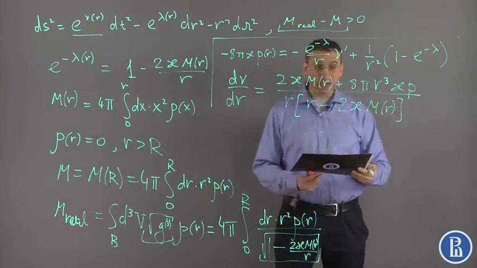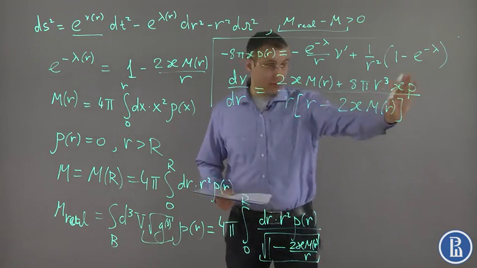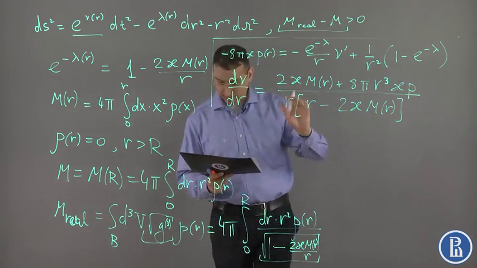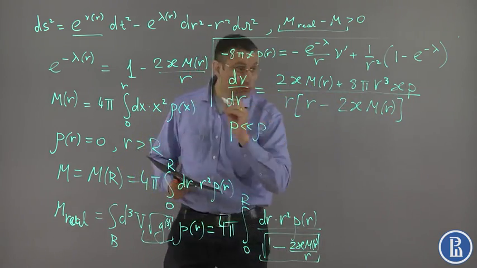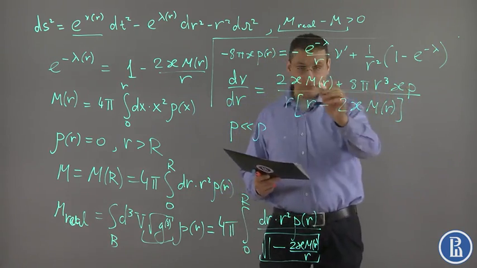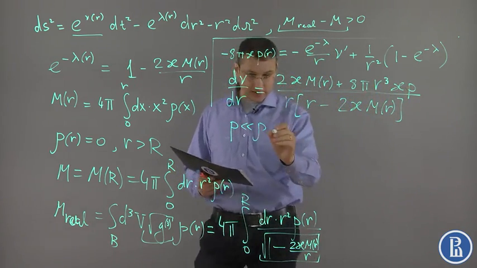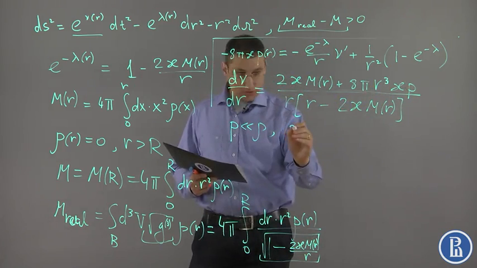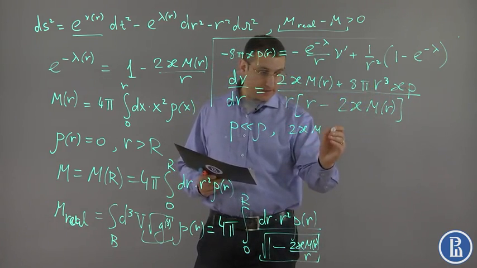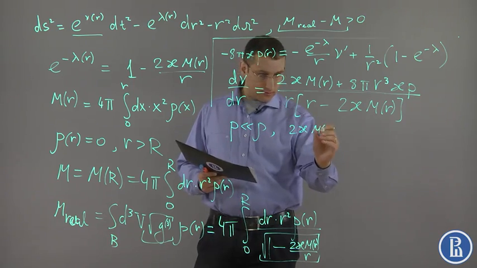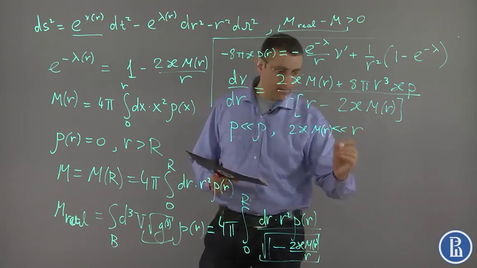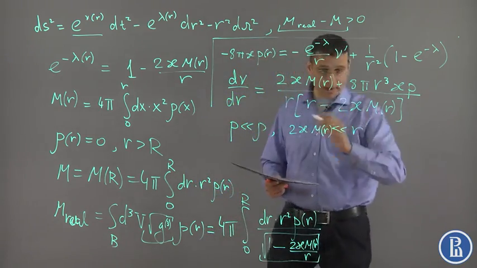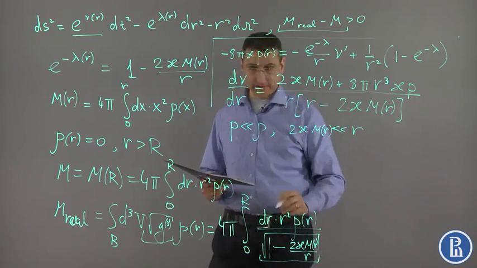So in the non-relativistic limit, let us understand this equation. To understand it, let us point out that in the non-relativistic limit, p is much less than rho. So here we can neglect this term in comparison with this term. And also 2 kappa m, even kappa m, is much less than r. So again we can neglect this term in comparison with this.